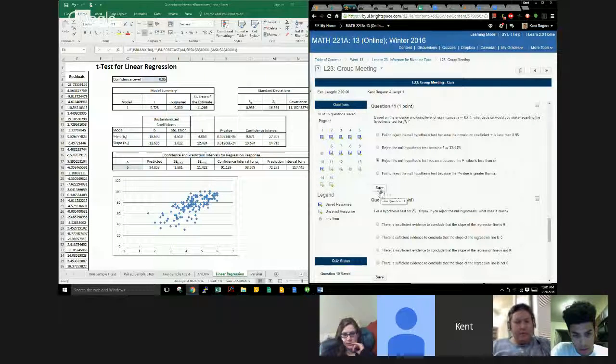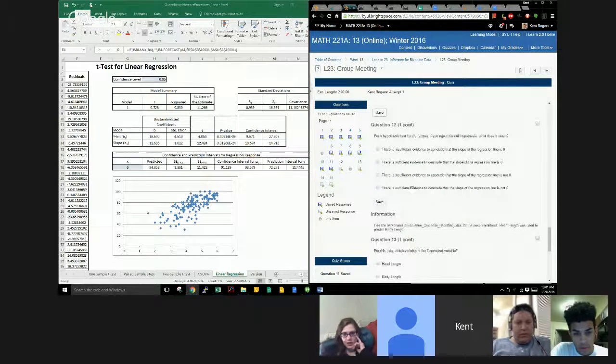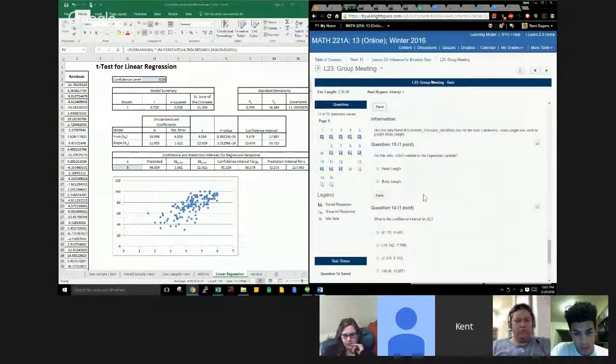Okay, question 12, hypothesis test for beta 1 slope. If you reject the null hypothesis, what does it mean? So we have sufficient evidence to conclude that the slope of the regression line is not 0. Yeah, it's not 0.